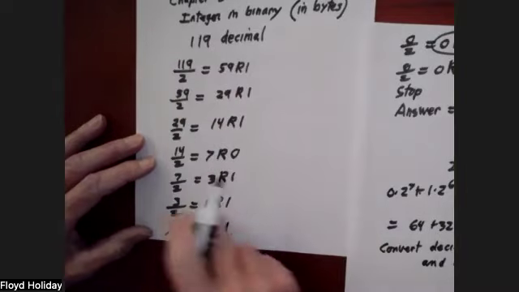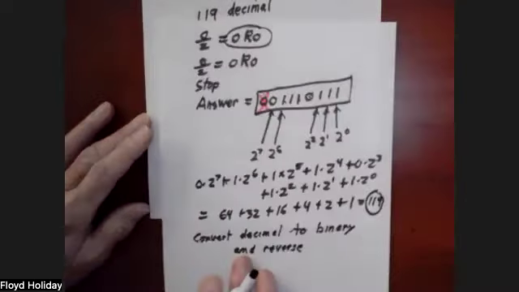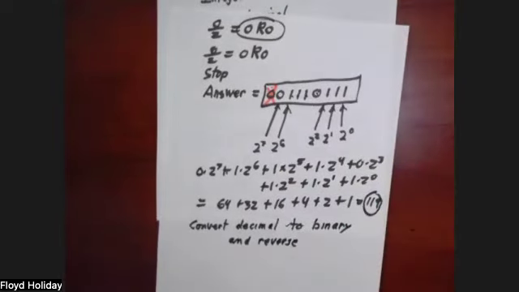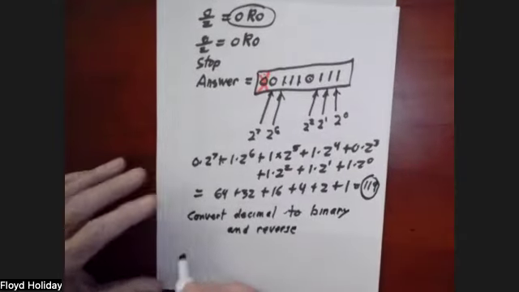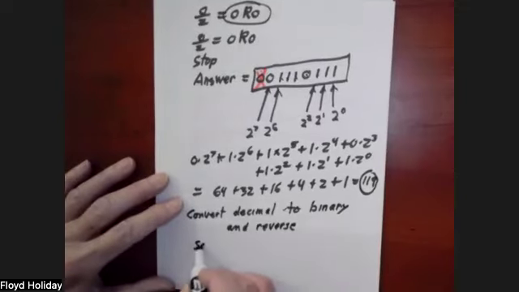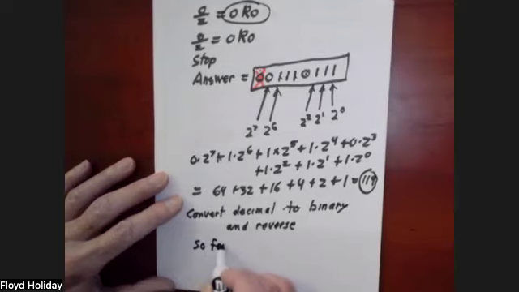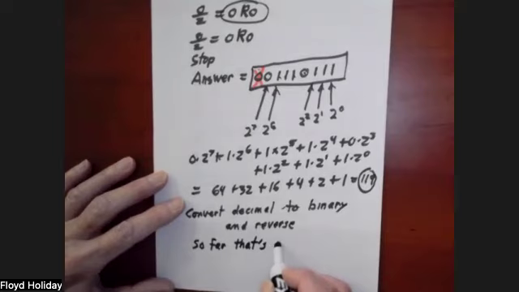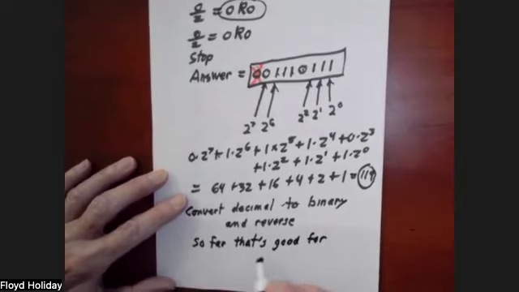If you start with the decimal answer, then you do all these divisions, and you end up with the binary answer. Now, unfortunately, what I just showed you works on unsigned integers only so far. That's good for unsigned.